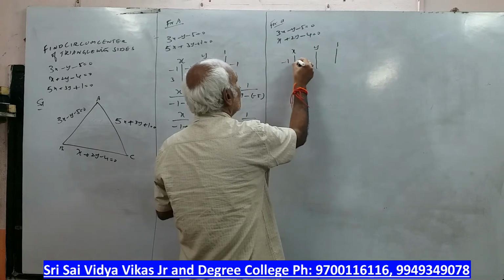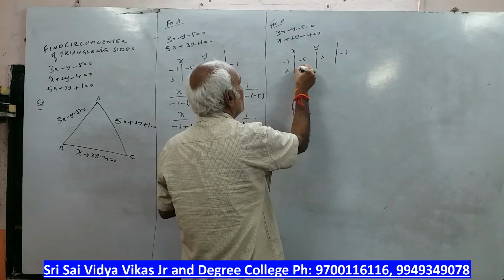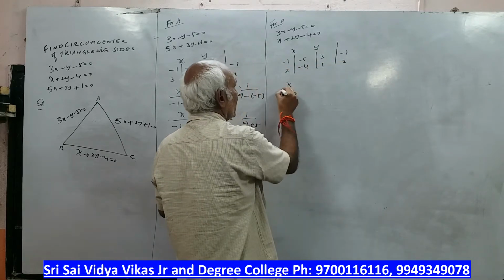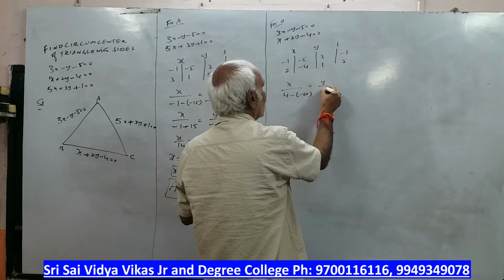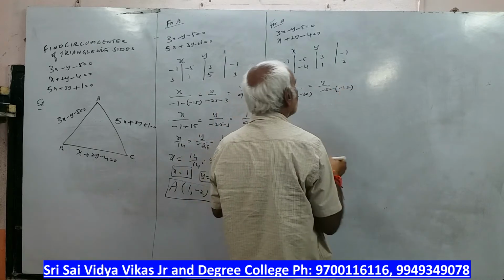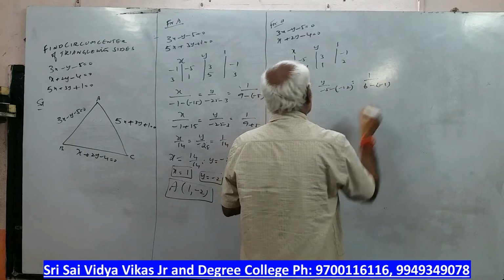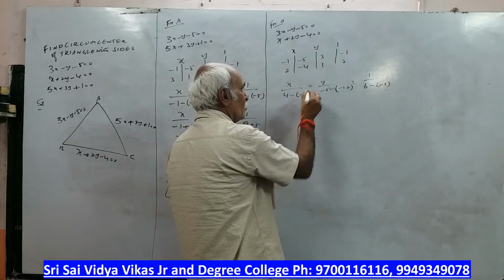So minus 1, minus 5, 3, minus 1, 2, minus 4, 1, 2. Therefore x by 4 minus 10, y by minus 12 is equal to 1 by 6 minus 1. So many problems we have done, sir, these models. That's why I am doing directly.